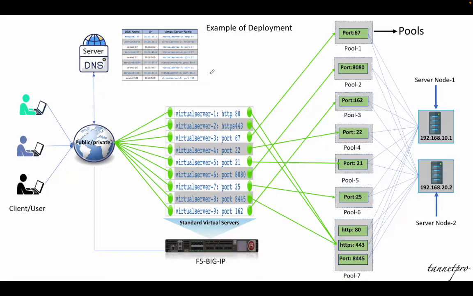You can also take a snap of this chart so that you can understand how the flow works. Here I have created 9 virtual servers for different services, which call different pools. In pool 7 I have multiple pool members, which are not mentioned here, but as I showed you with red, yellow and green.